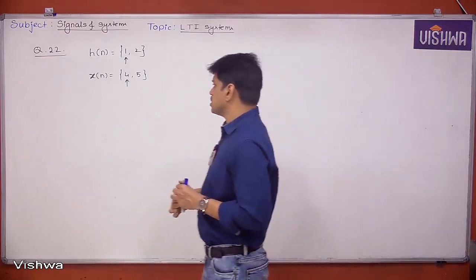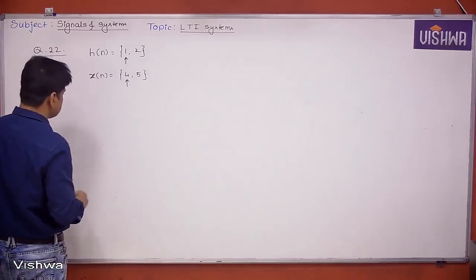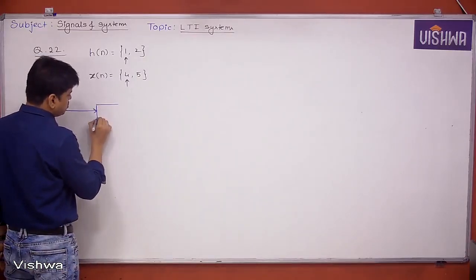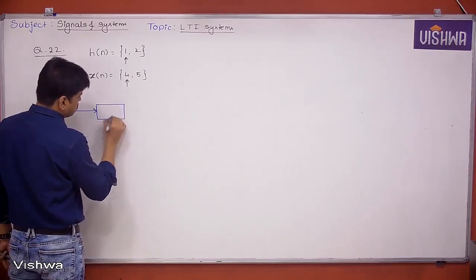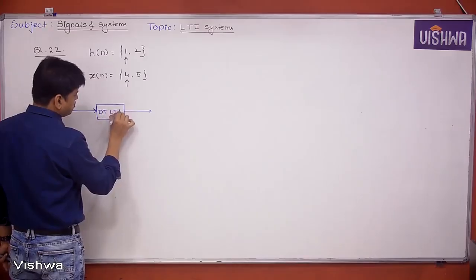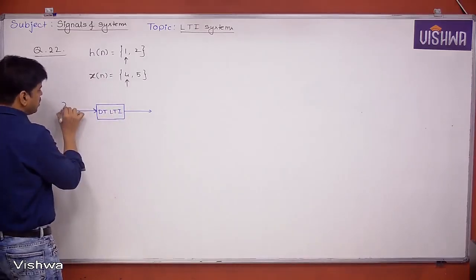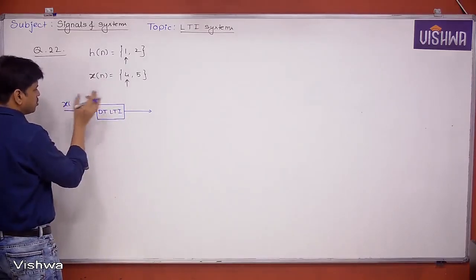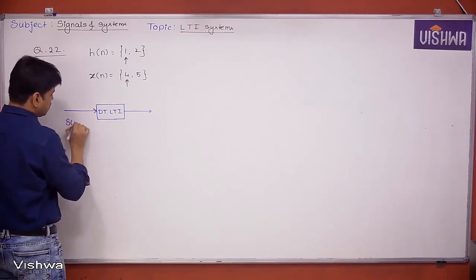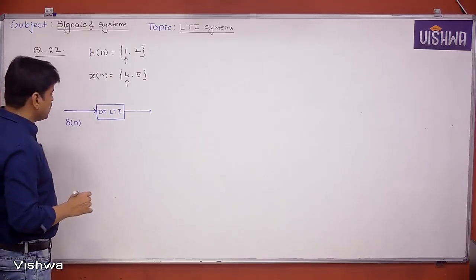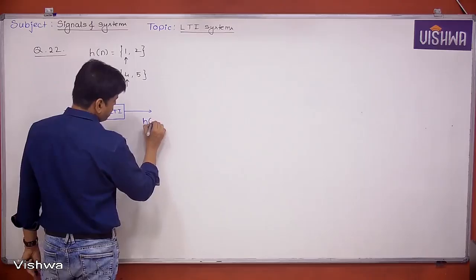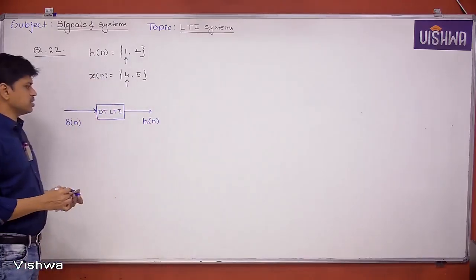First try to understand. The given system is a discrete time LTI system. If x of n is the input, y of n is the output. Now, if delta n is the input for any discrete time LTI system, h of n is the output.